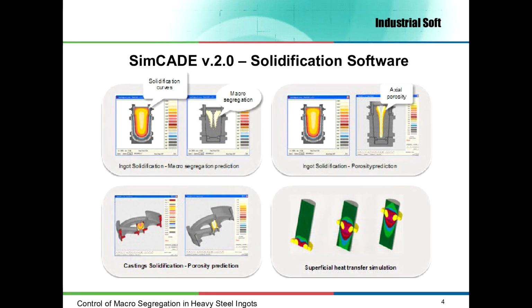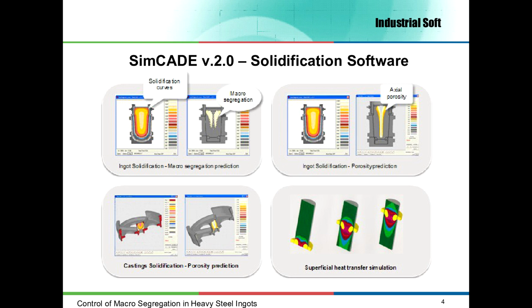In this slide I present SimCAD v.2.0, the solidification software we have developed to simulate the solidification and control the segregation process. The software takes into account the initial temperatures and thermophysical properties of the steel poured, mold material and refractory bricks. Here, I have several applications to demonstrate the possibilities of the simulation software we have developed.